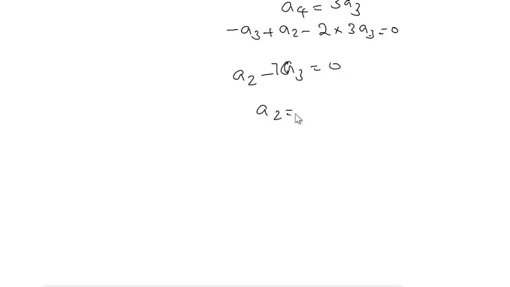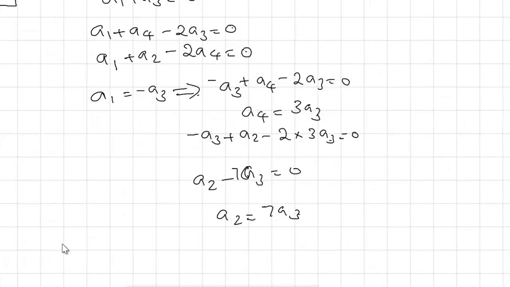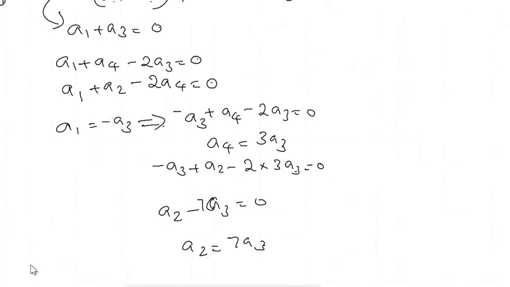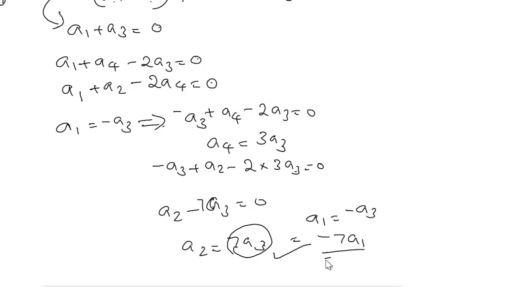So we are getting a2 equals 7a3. And a1 equals minus a3, right? Minus a3, and a2 equals 7a3. So the answer for accelerations a1 and a2: a2 equals 7a3, or we can write it as minus 7a1 also. In any one way we can represent the accelerations.